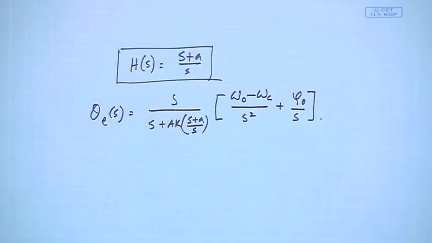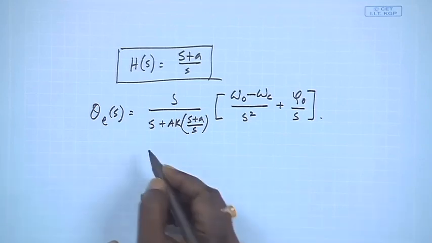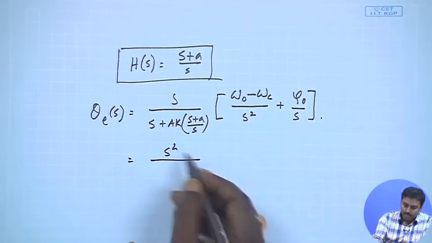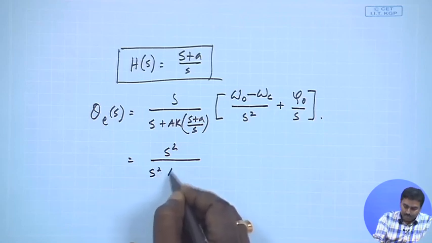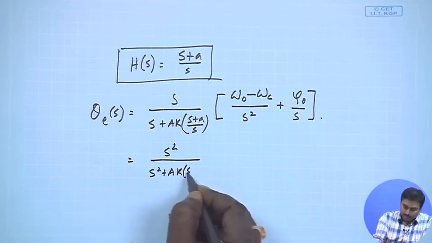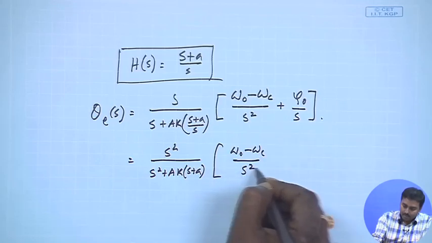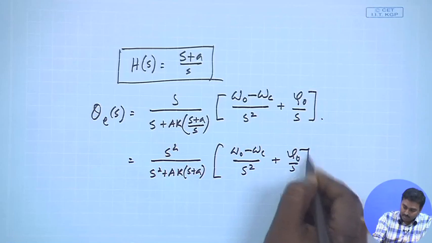As long as the exact frequency is not known, there is a deviation and there is a phase, and that phase remains the same, it is not a random phase, we have the error signal as this. Okay. So, let us simplify this a little bit. We get s square, and then s square plus a k s plus a, and we have (omega 0 minus omega c) s plus phi 0 by s.